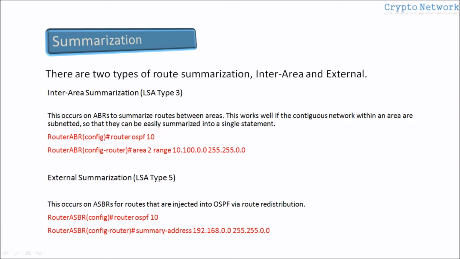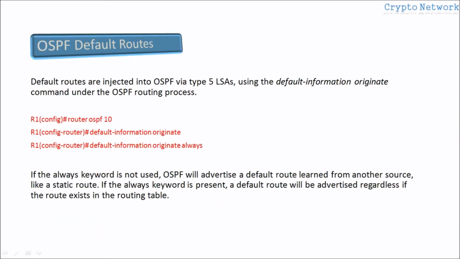Okay, so OSPF default routes. There are multiple ways to inject default routes into OSPF, and Cisco recommends the default-information originate command under the OSPF routing process. If you use default-information originate, you can advertise a default route in OSPF.